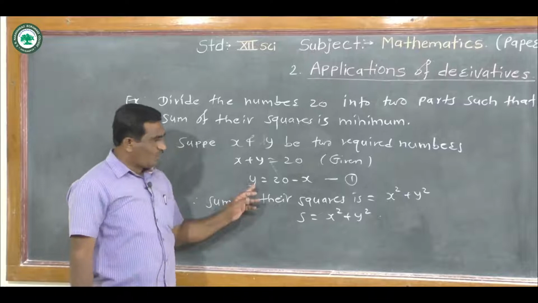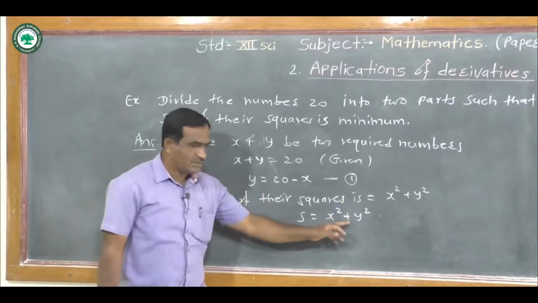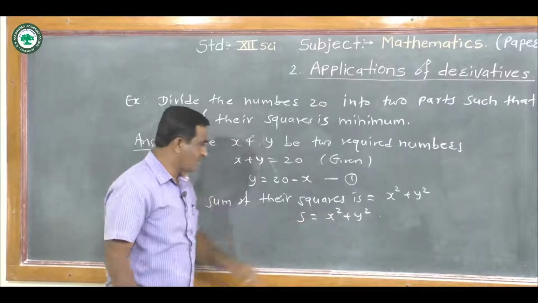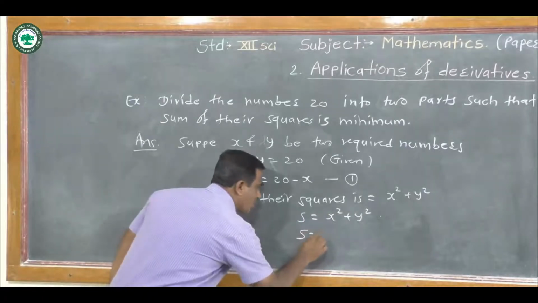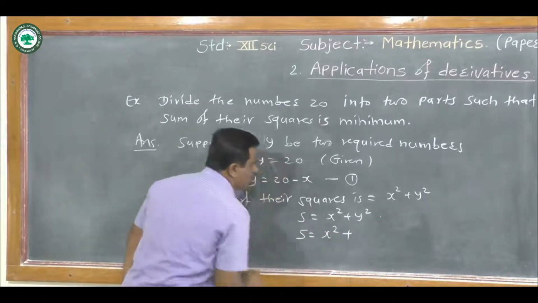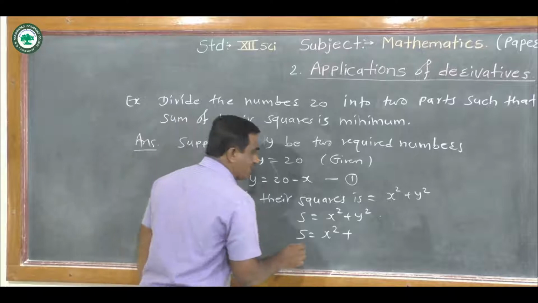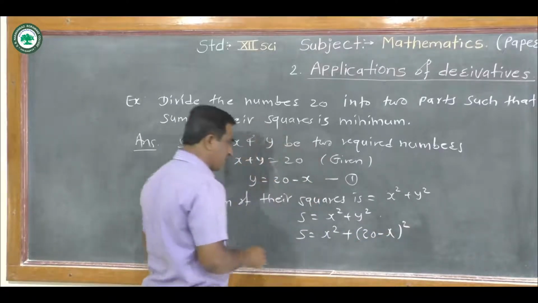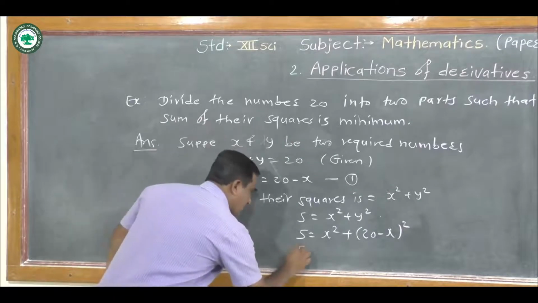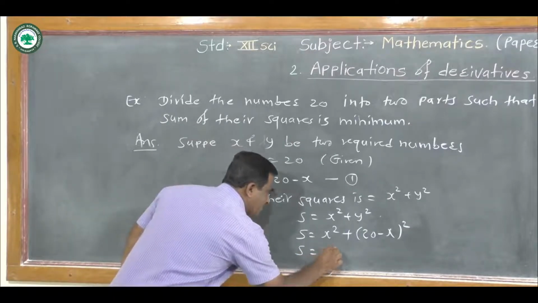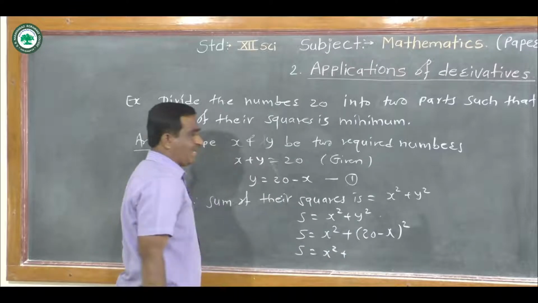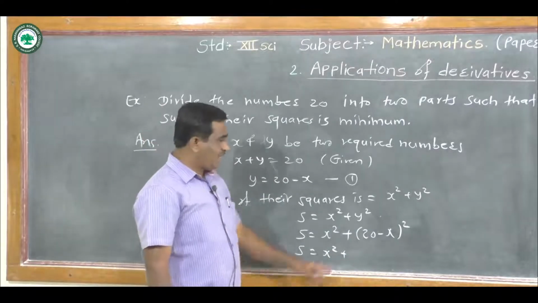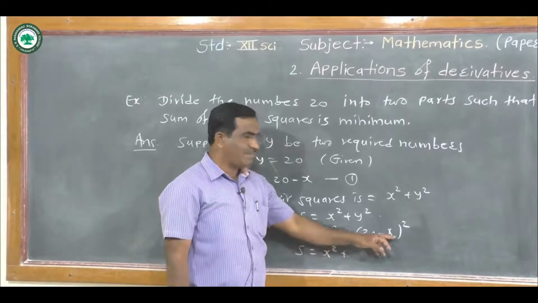Now put the value of y from equation first in this equation, that is S is equal to x square plus y, which is 20 minus x bracket square. We can expand this bracket by using the formula (a minus b) square is a square minus 2ab plus b square.